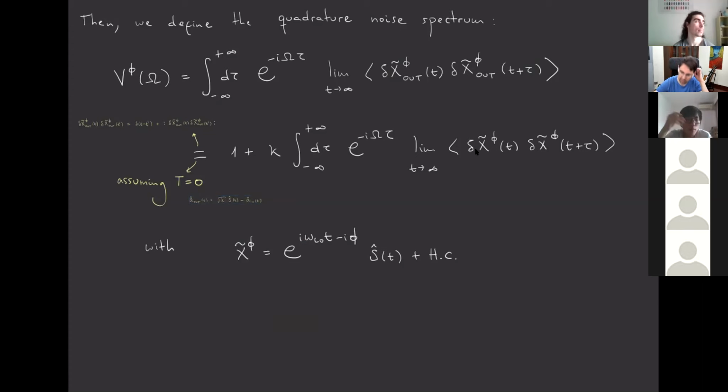Okay, so this is essentially the final object that we are going to be interested in. It's called the quadrature noise spectrum, okay? And it has a baseline of 1 plus something, and all this something, all this quantity here, we usually call it with a name because it's just the part that we need to calculate. Oh, sorry, I said something wrong.